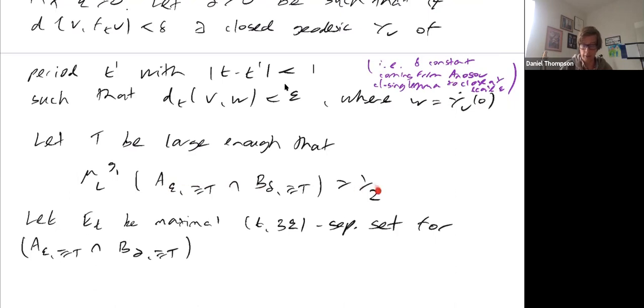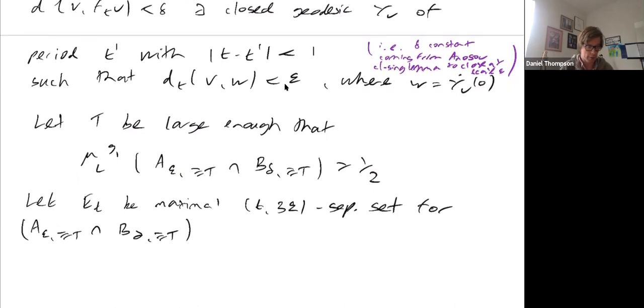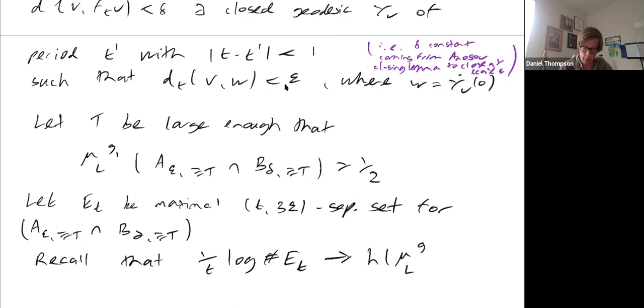And this guy has definite positive measure, and recall that 1 over T log of the number of points in ET, the exponential growth rate of these things, is going to be nothing but our old friend the entropy.